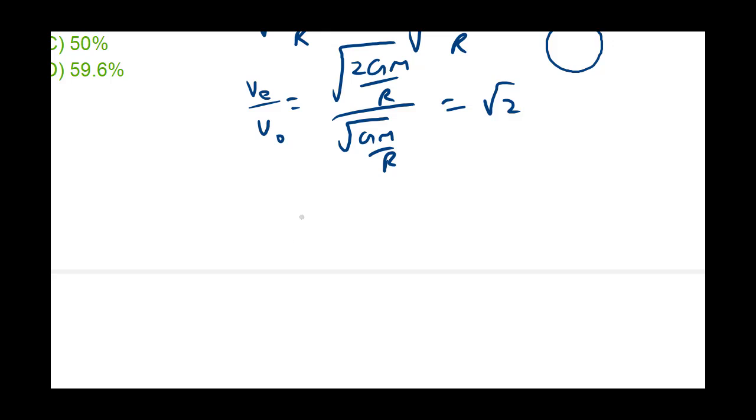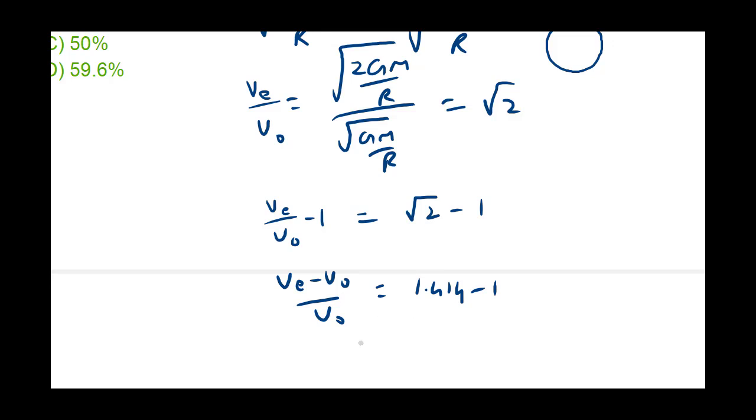Now we want to find how much the velocity should be increased. For that purpose we take ve upon v0 minus 1, which comes out to be root 2 minus 1. Now here we have ve minus v0 upon v0. Here root 2 is 1.414 minus 1.